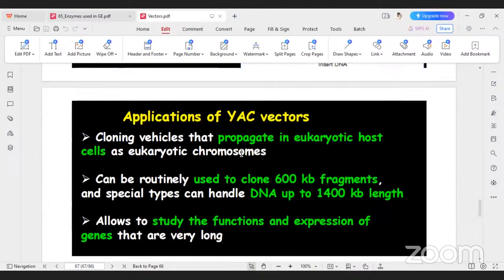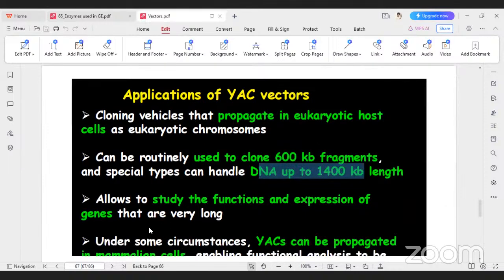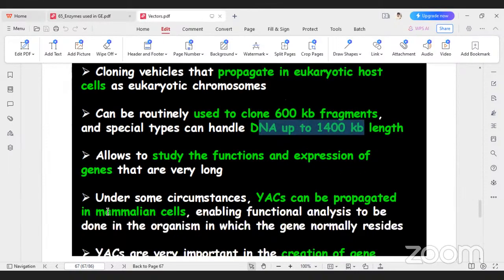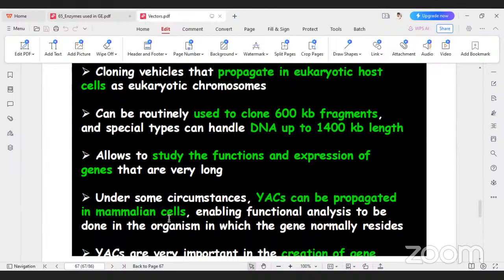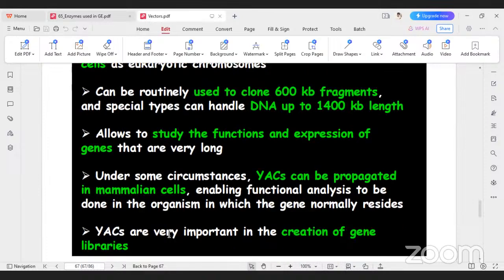Application: the cloning vehicle can propagate in eukaryotic host cells and can be routinely used for fragments of 600 kb, and DNA up to 1400 kb in length can be carried. It allows study of the functioning and expression of genes that are very long. Under some circumstances, YACs can be propagated in mammalian cells, enabling functional analysis to be done in the organism in which the gene normally resides.